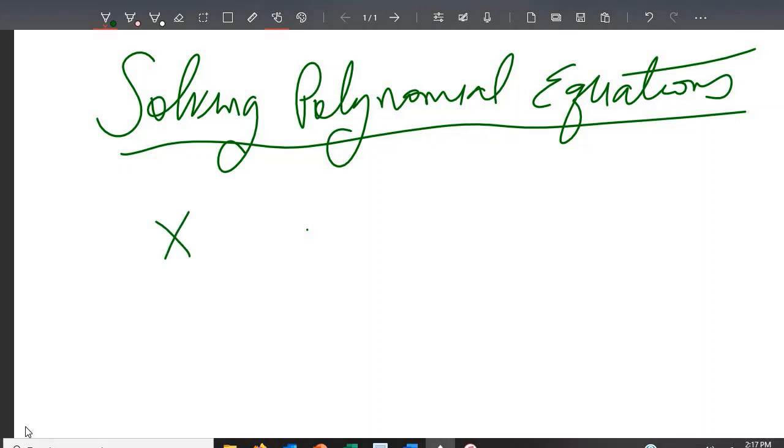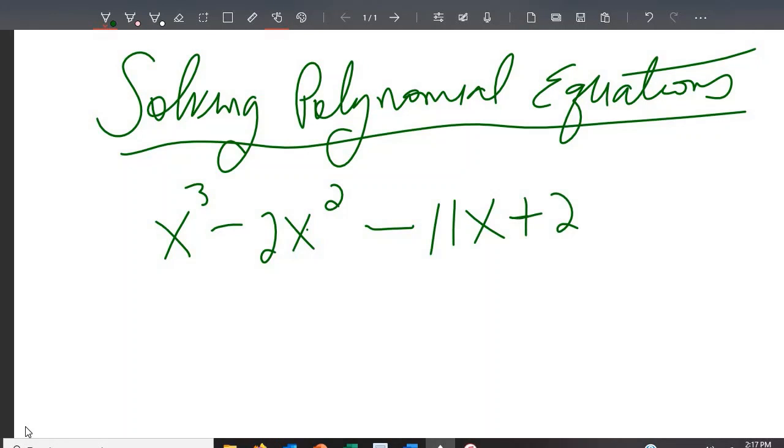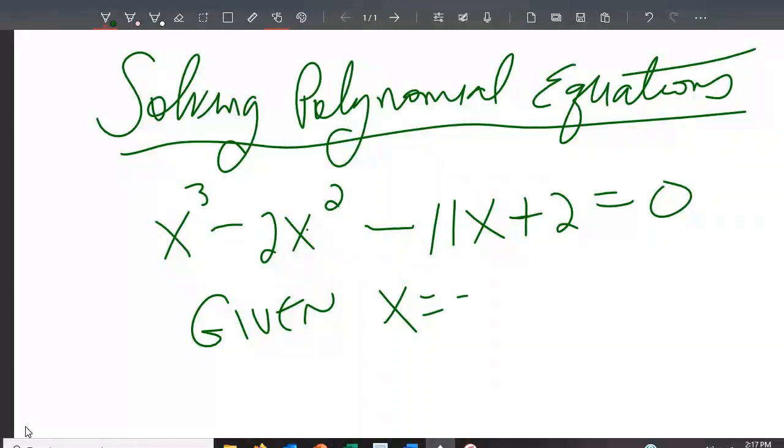We were given an equation, x cubed minus 2x squared minus 11x plus 12, and we were told some specific information. Let's say I want to solve this equation, and I'm given that -3 is a root.